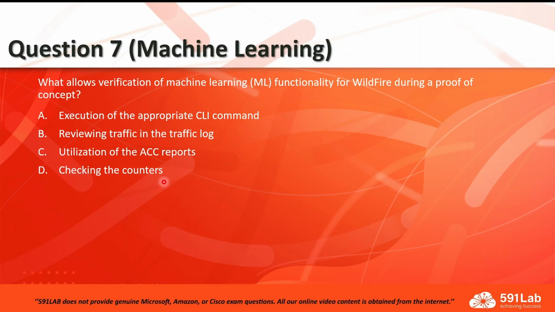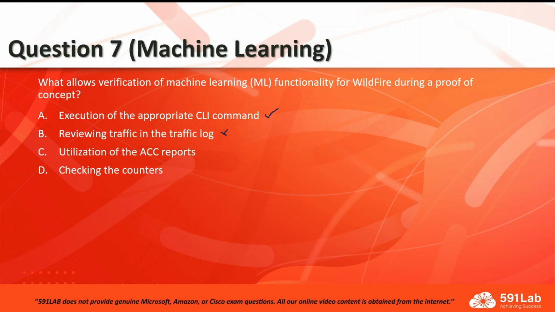From these options, we need to check each option. Let's check each option. From A, the execution of the appropriate CLI command, we can check the status of the machine learning by executing the appropriate CLI command. And then B, reviewing the traffic in the traffic log.